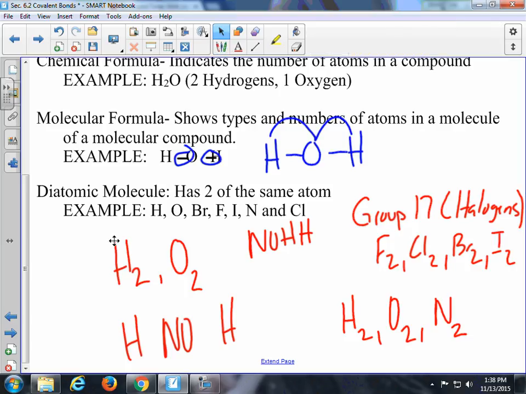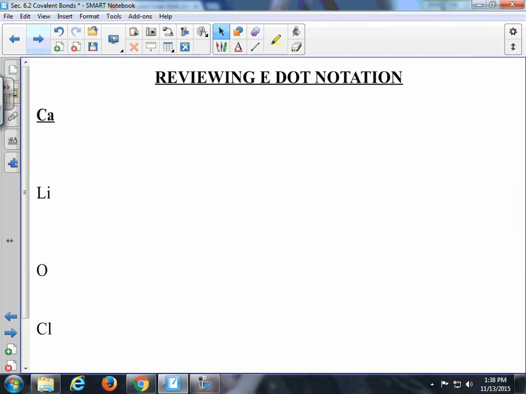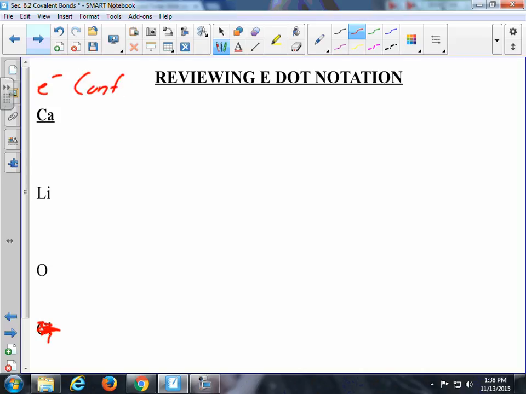So a little vocab review there. The next thing I would like you to do is review how we do the dots. Real quickly, let's do 3 examples instead of 4: calcium, lithium, and oxygen. What I want you to do for each of those is do the electron configuration, and more importantly, I want you to do the dot notation.